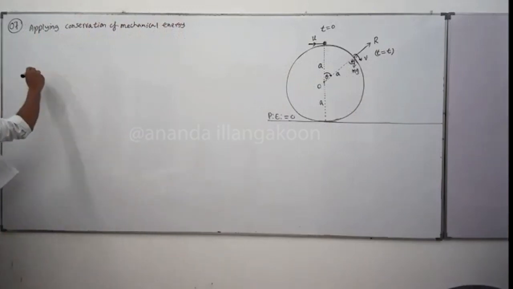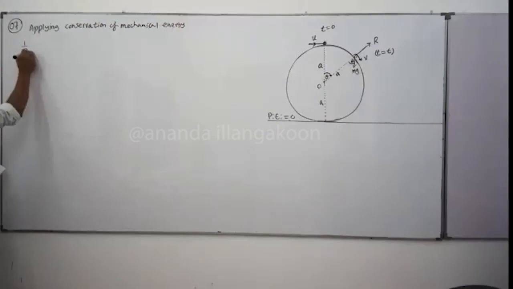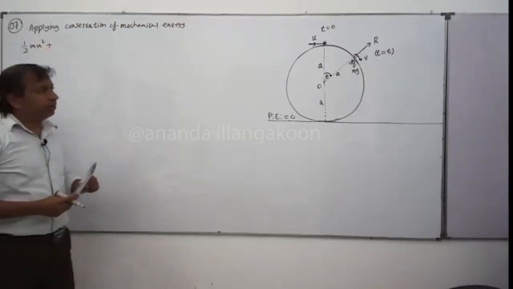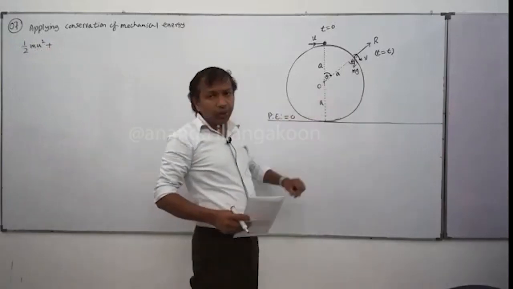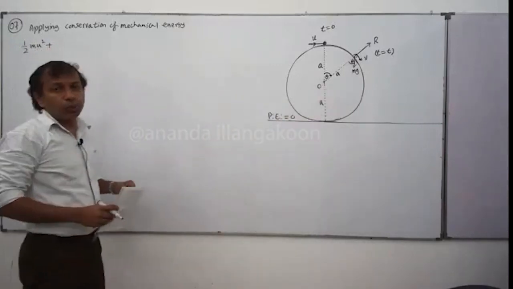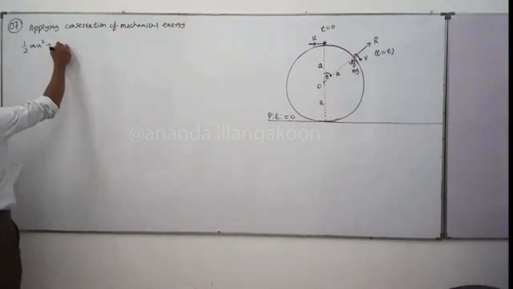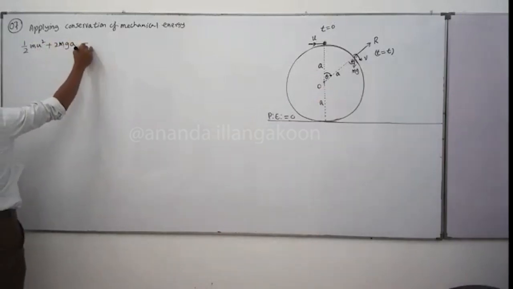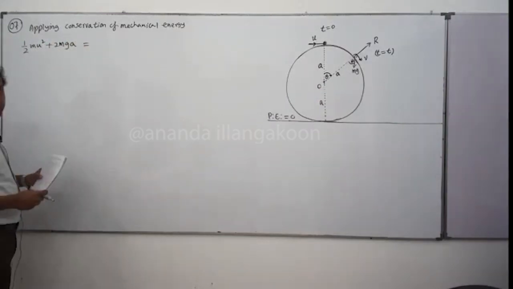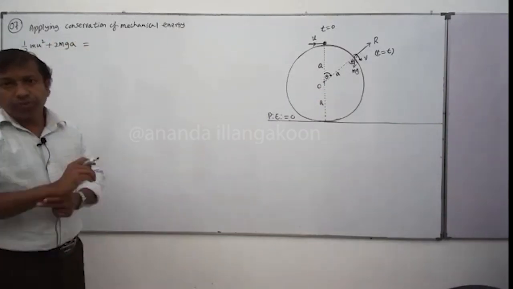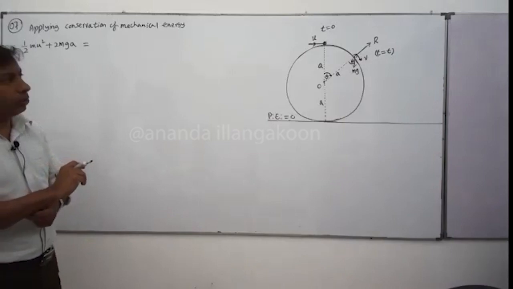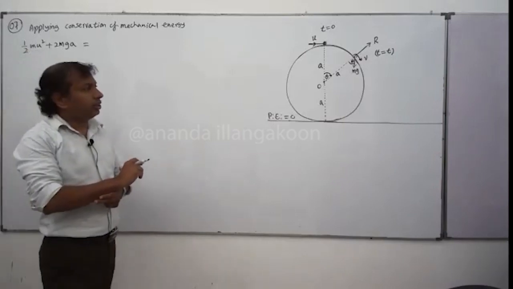At t equals 0, the kinetic energy is half mu squared plus this height, A and A, 2A, mgh. mg is the weight, h is 2A now. So 2mga is the initial mechanical energy, which is equal to the mechanical energy at t equals T.